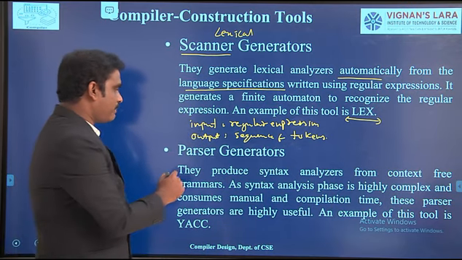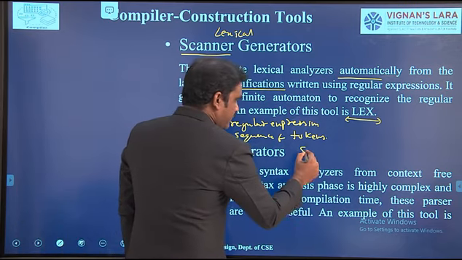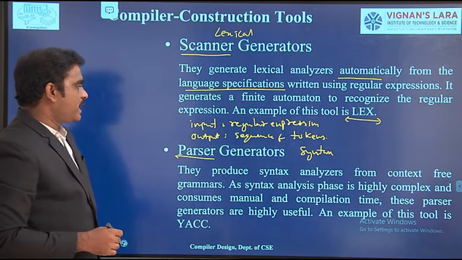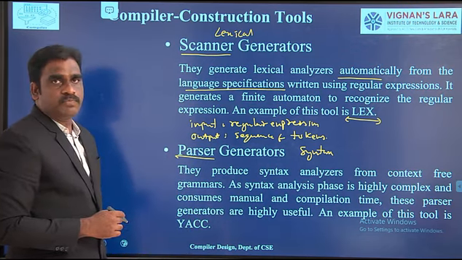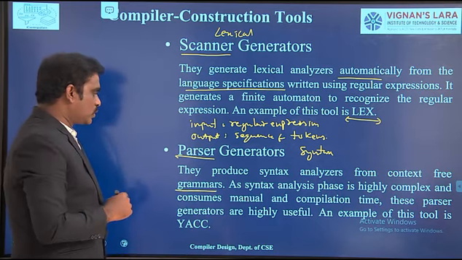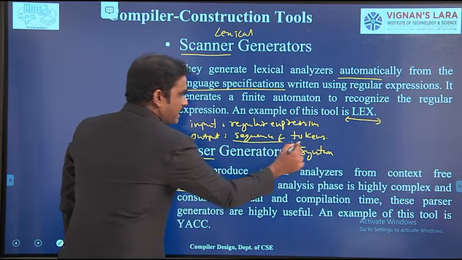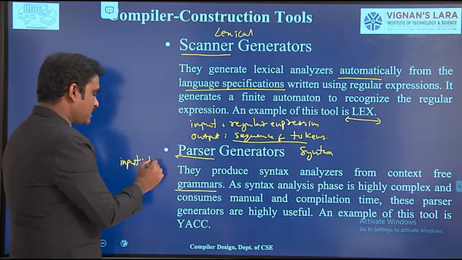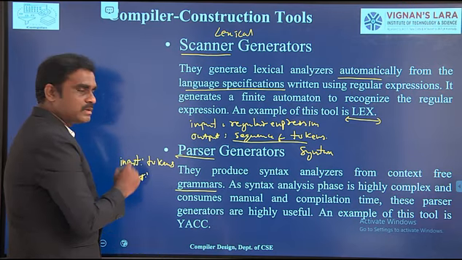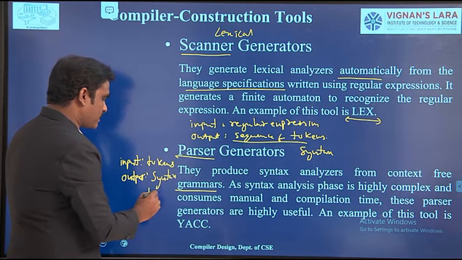And the second tool is parser generator. It is related to the second phase, that is syntax analyzer. They produce the syntax analyzer from context-free grammars. In this tool, the input is the sequence of tokens, and the output generated is a syntax tree or parse tree.